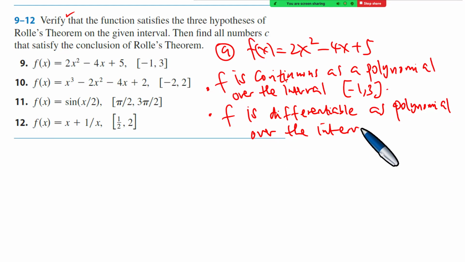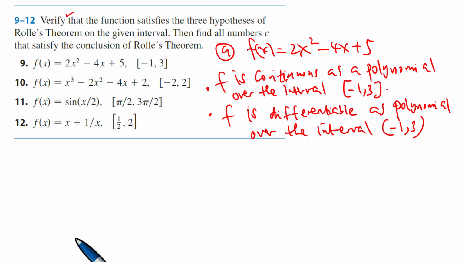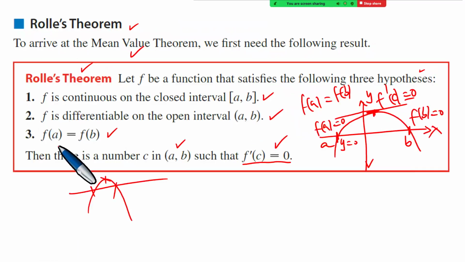Remember that differentiability is over the open interval. You just put round parentheses there. Okay, we're good. Next, what is the third condition of Rolle's theorem? The third condition of Rolle's theorem is that f of A must be equal to f of B.